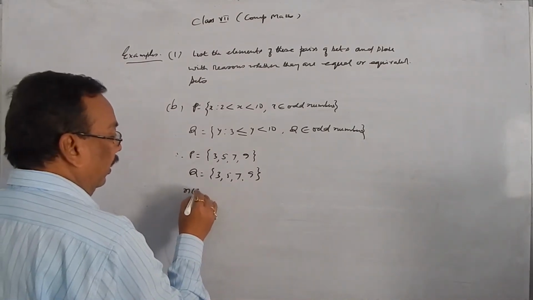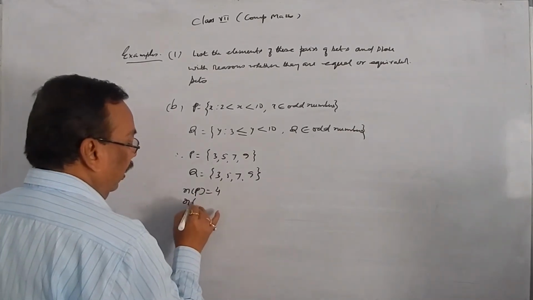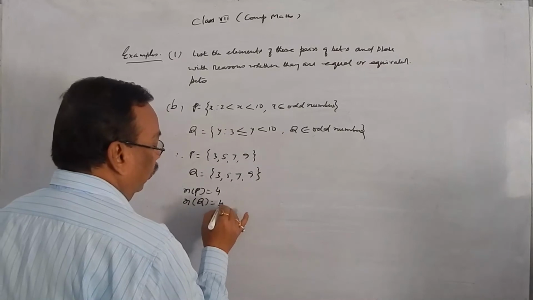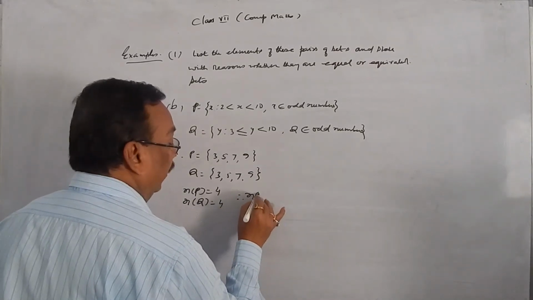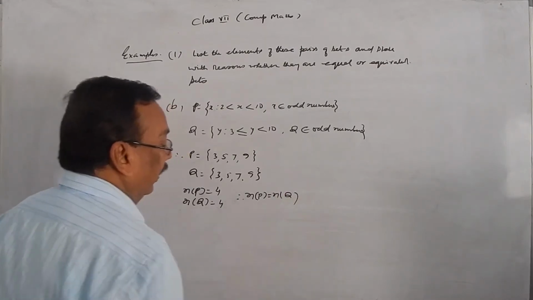And n(P) equal to 4 and n(Q) equal to 4. Therefore, n(P) equals n(Q).